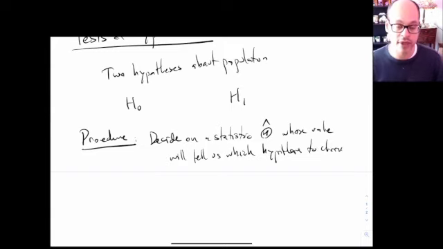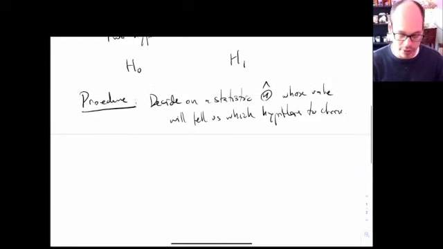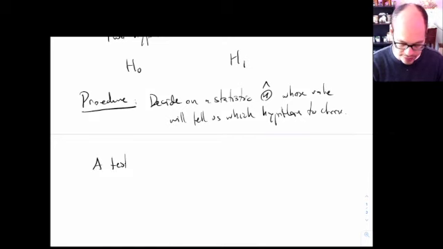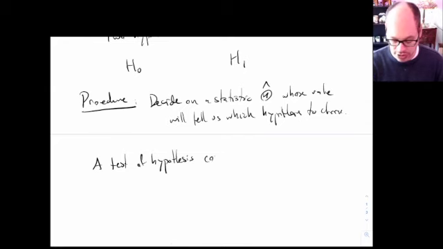And of course, we'll also have to come up with some decision criteria that tells us which to choose. So a little bit more formally, a test of hypothesis is going to consist of the following bits of information.